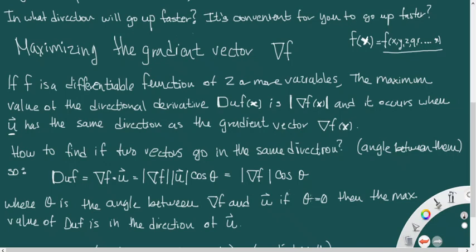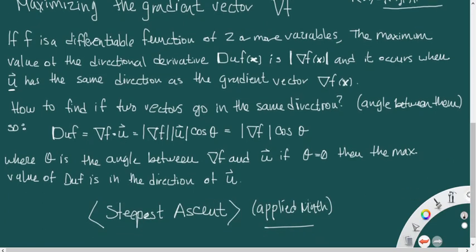So if this angle theta is equal to 0, then the maximum value of the directional derivative is in the direction of the unit vector. This is also known as the steepest ascent.